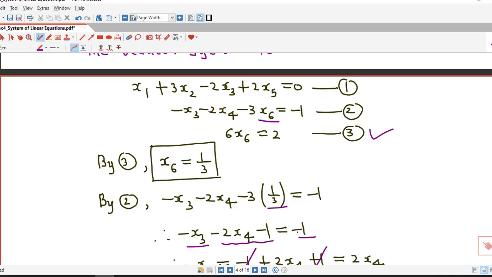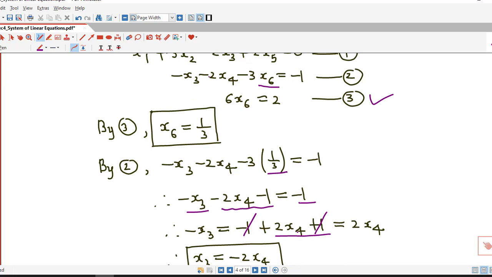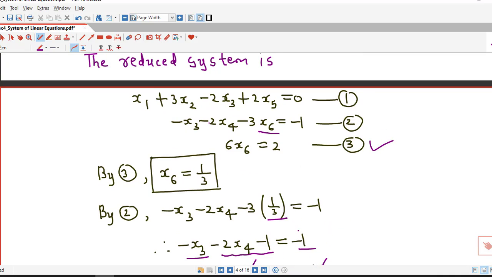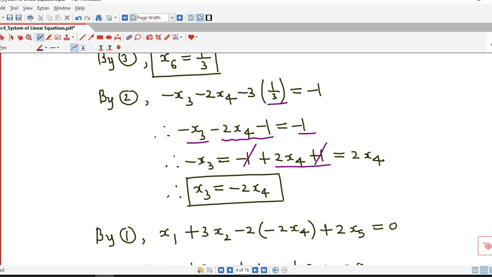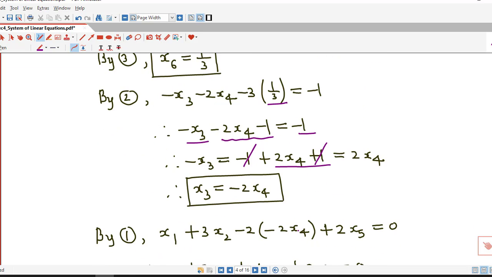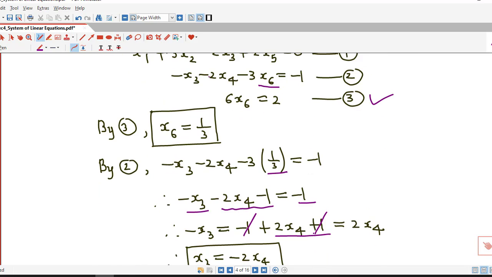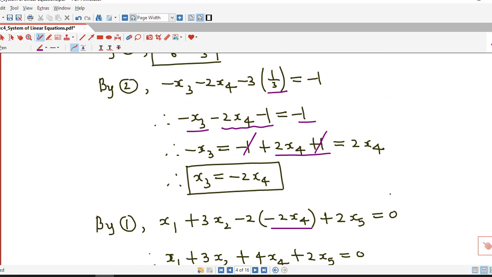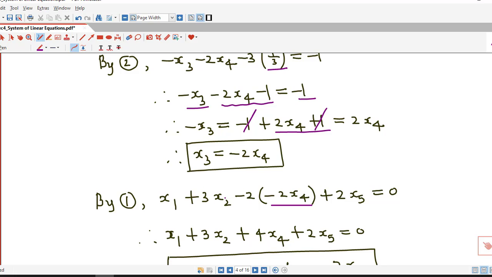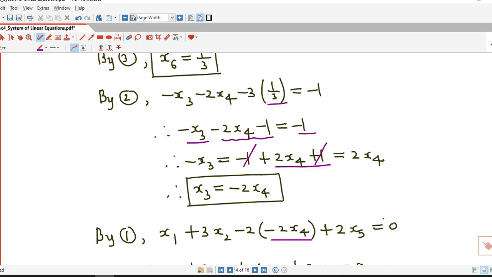Now in equation 1, we put x3 equal to minus 2x4. So equation 1 is x1 plus 3x2 minus 2x3, where x3 is written as minus 2x4, plus 2x5 equal to 0. We simplify this: x1 plus 3x2 plus 4x4 plus 2x5 equal to 0.